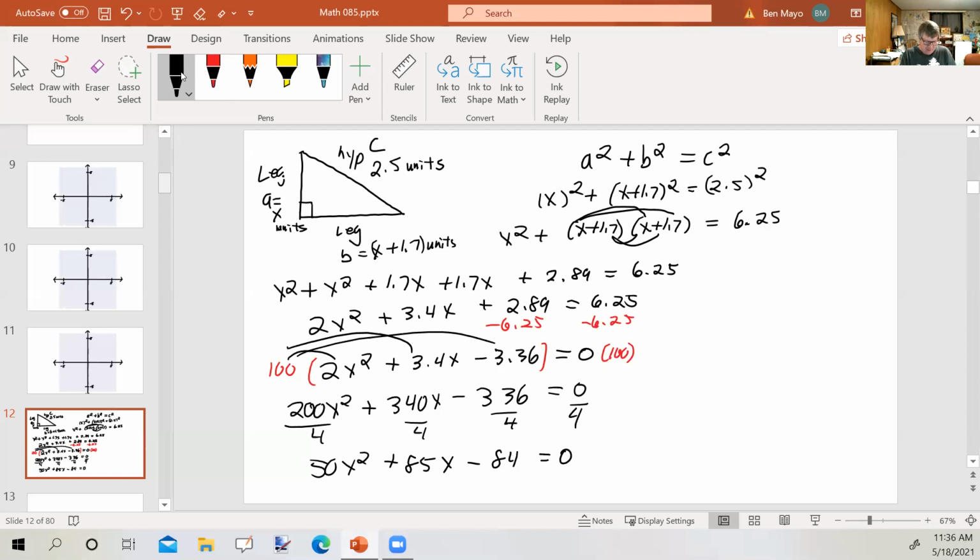So after all that, I now have a second degree or quadratic equation in standard form, set equal to 0. I'm going to go ahead and recopy that on the next page.